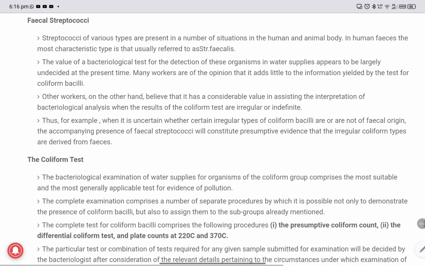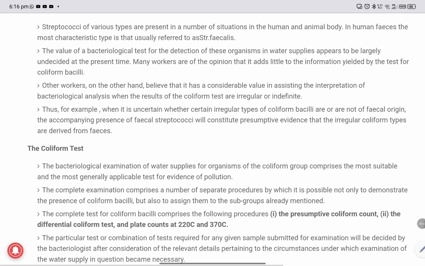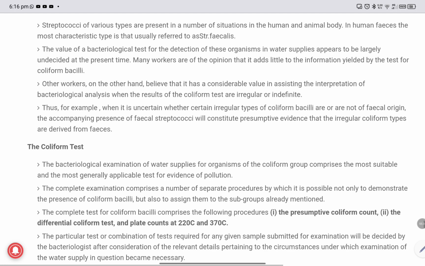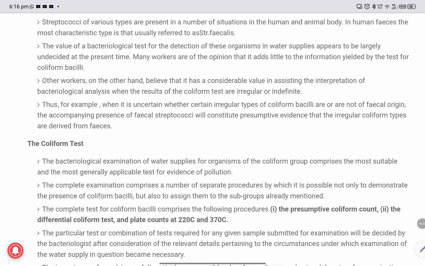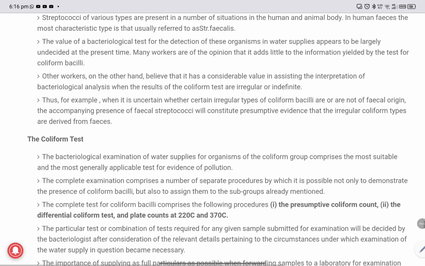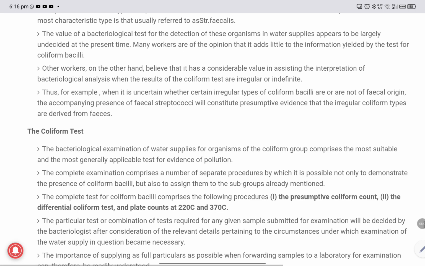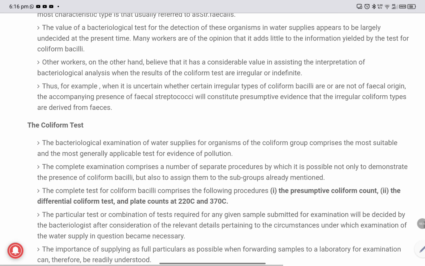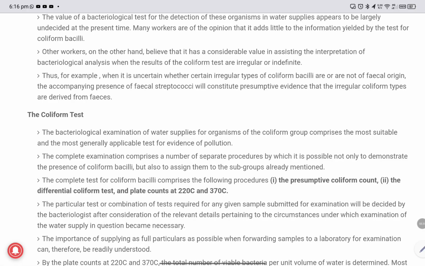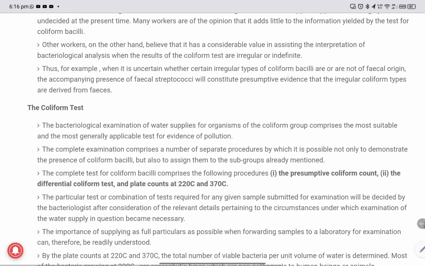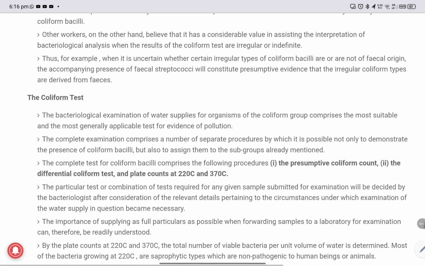Other workers, on the other hand, believe that it has considerable value in assisting the interpretation of bacteriological analysis when the results of the coliform test are irregular or indefinite. Thus, for example, when it is uncertain whether certain irregular types of coliform bacilli are or are not of fecal origin, the accompanying presence of fecal streptococci will constitute presumptive evidence that the irregular coliform types are derived from feces.